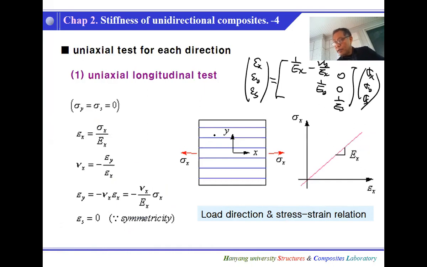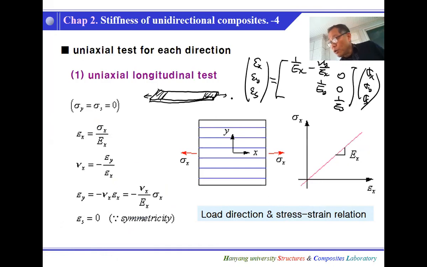As I mentioned, this looks a little bit awkward, but imagine a real specimen, a long and slender specimen. Imagine you have a specimen made of steel or aluminum, and you apply tension. You sometimes have a tab, or sometimes you have a dog-bone style.